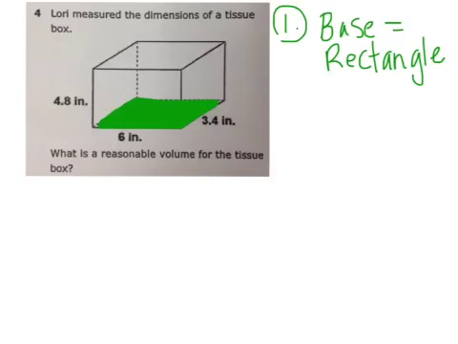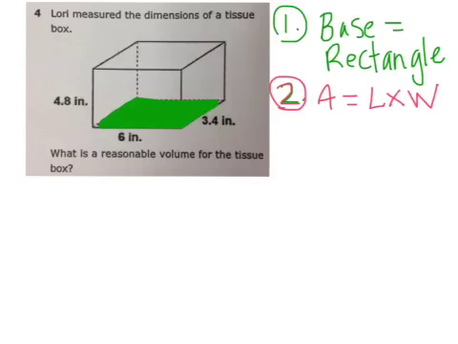If I want to find the area of a rectangle, because that is what the base is, that's going to be my second step. To find area of a rectangle, all you do is length times width. When you look at this shape, the length and the width are labeled for you. They're 6 and 3.4.